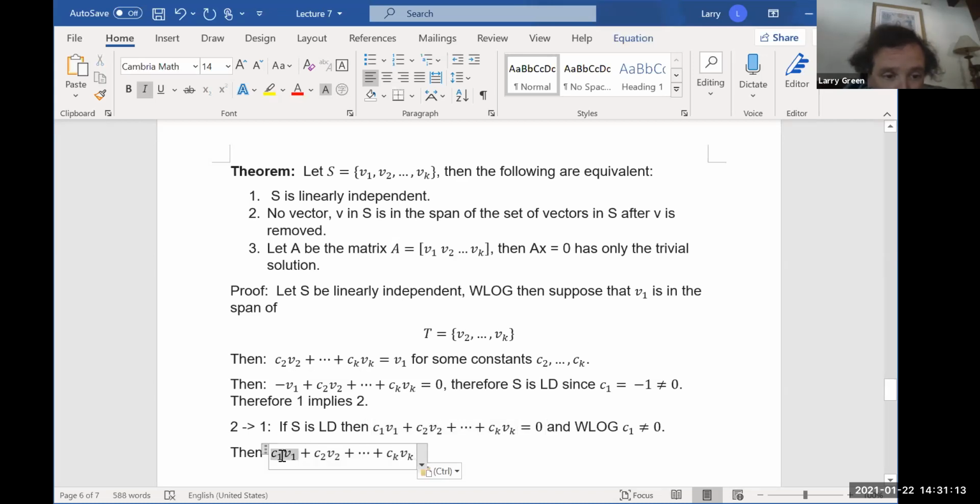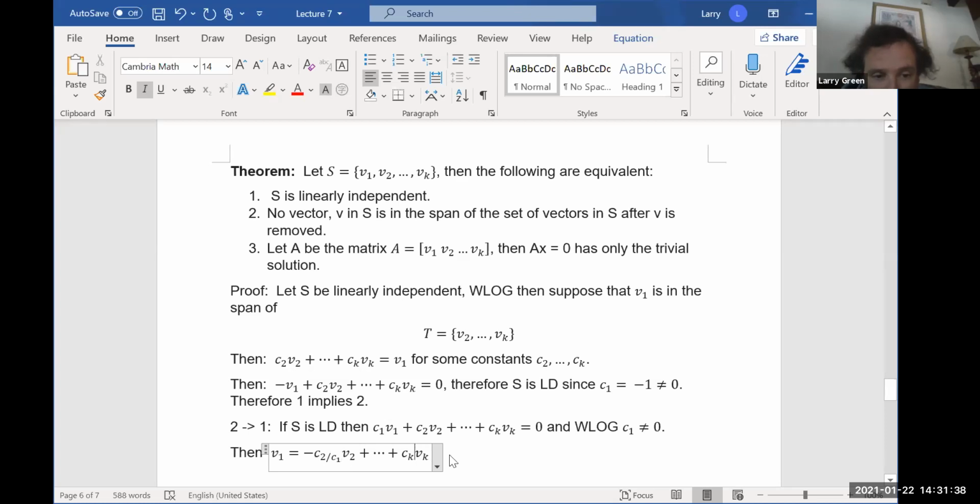And I can say that V1 is equal to negative C2 over C1 V2. And notice I'm allowed to do that because C1 is not 0, so I can divide by C1.